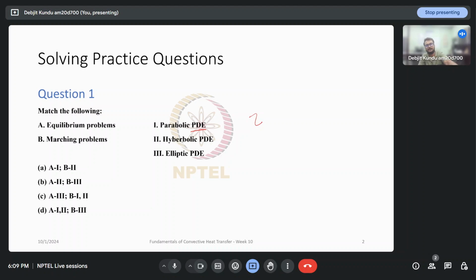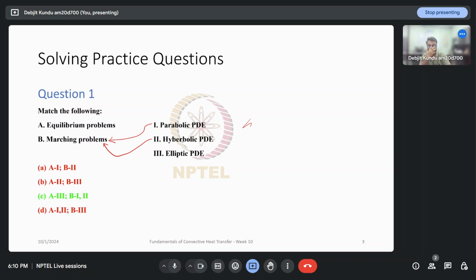So let's take a look at the correct solution. It's actually option C. Let's go through these one by one. Parabolic PDEs are generally marching problems. Hyperbolic PDEs are marching problems as well because both of them evolve in time, sort of. If time is the marching direction, there could be exceptions where you can march in the spatial direction as well.